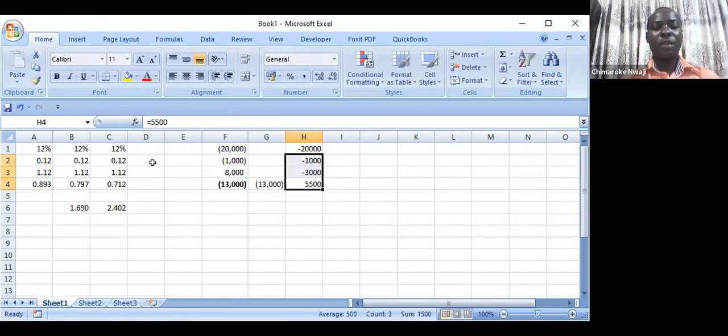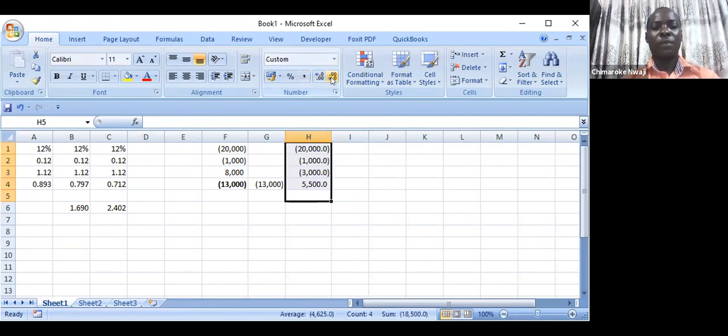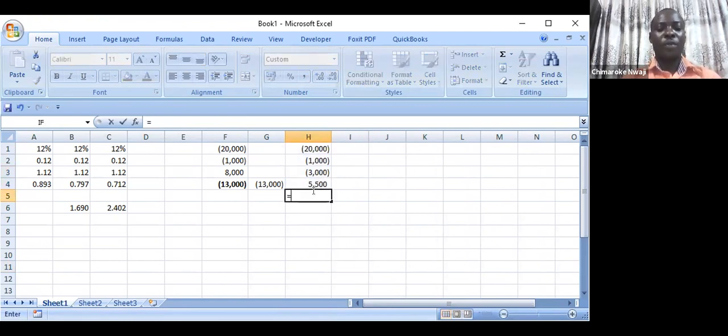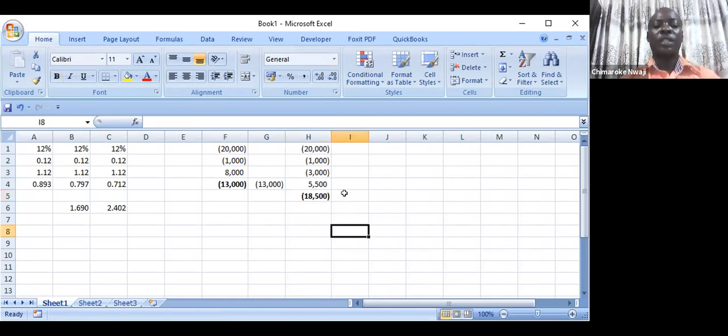Let me arrange them as well. All right. Now let's look for the sum. You're not using a discount factor because there's no time value of money. You add them together, you have 18,500. If you remember when we did the present value, the net present value gave us 18,900.